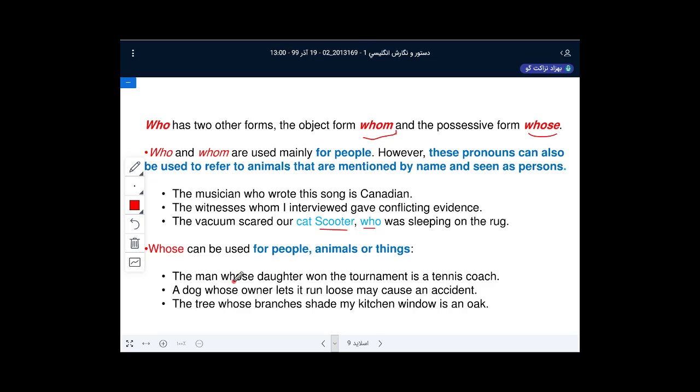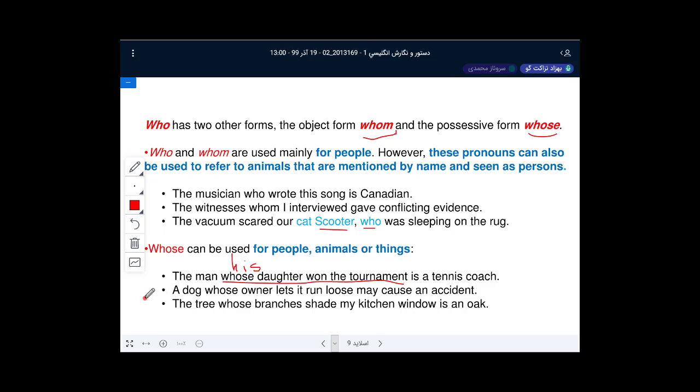The man whose daughter won the tournament, not his daughter. If you write his daughter, what happens? Sahar, can you tell me what happens? It's just incorrect. That's true.